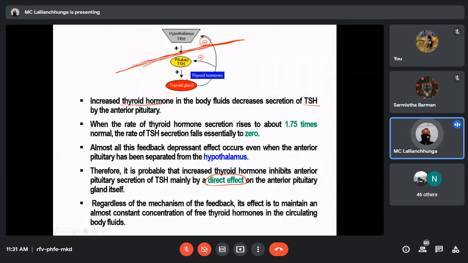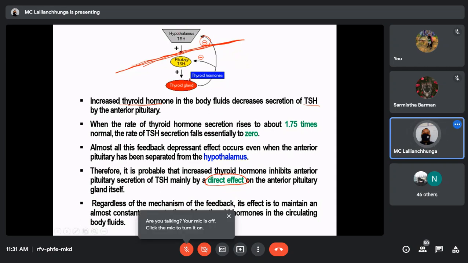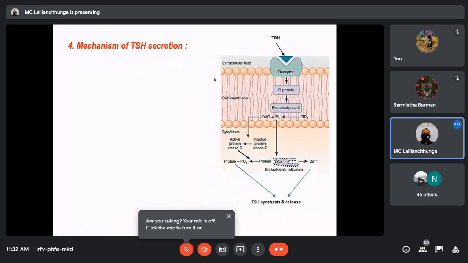But as I've already told you earlier, when it is going below the normal level, this negative feedback mechanism will be stopped, so that more TRH and more TSH, and ultimately more thyroid hormones will be produced again.